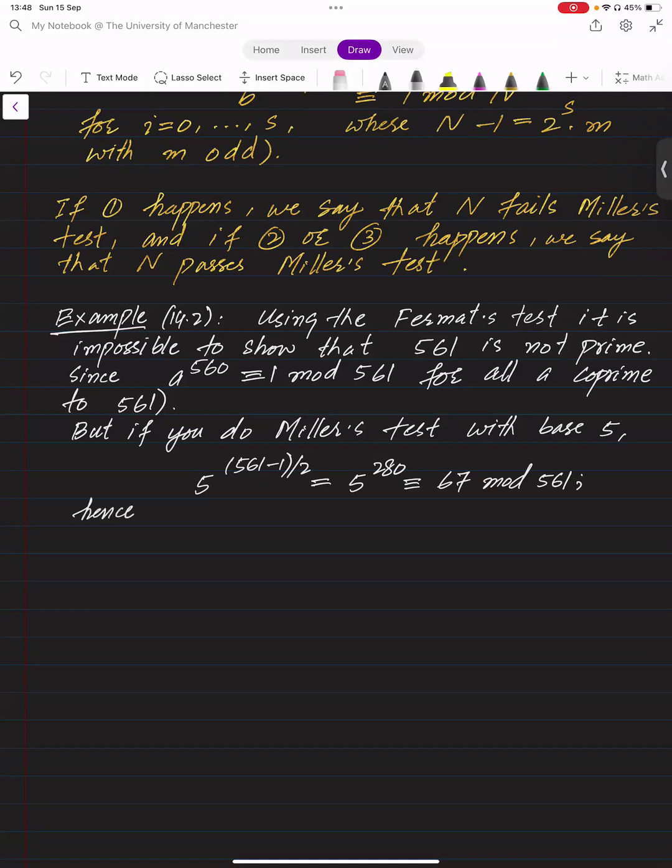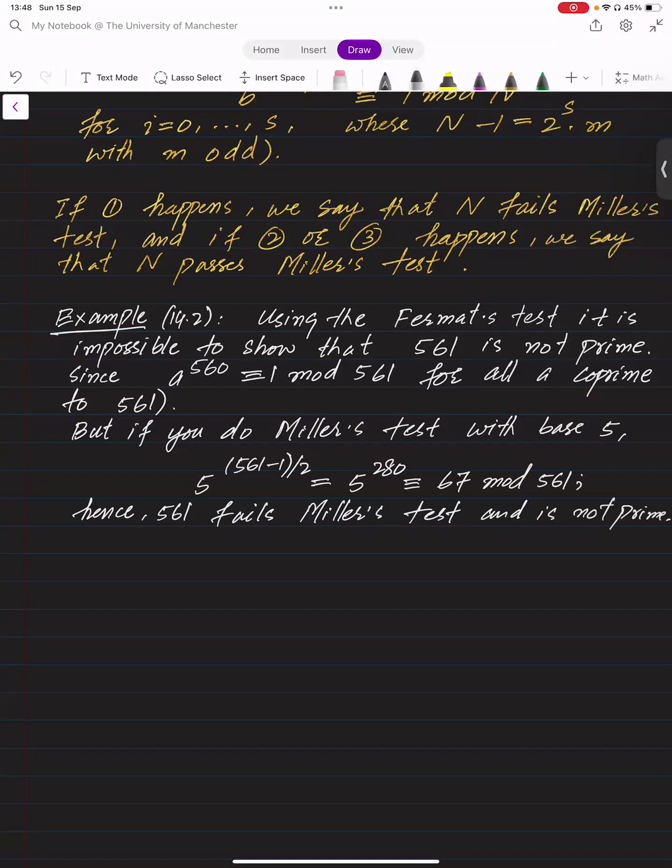Hence 561 fails Miller's test and is not prime.